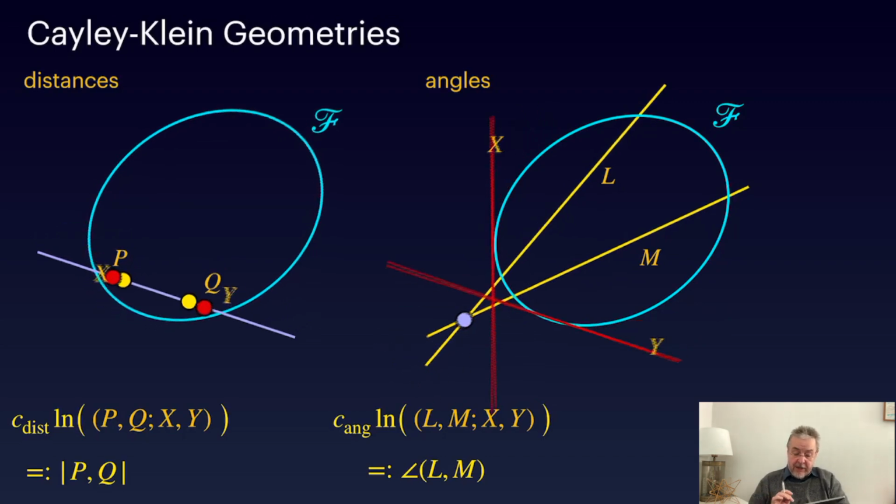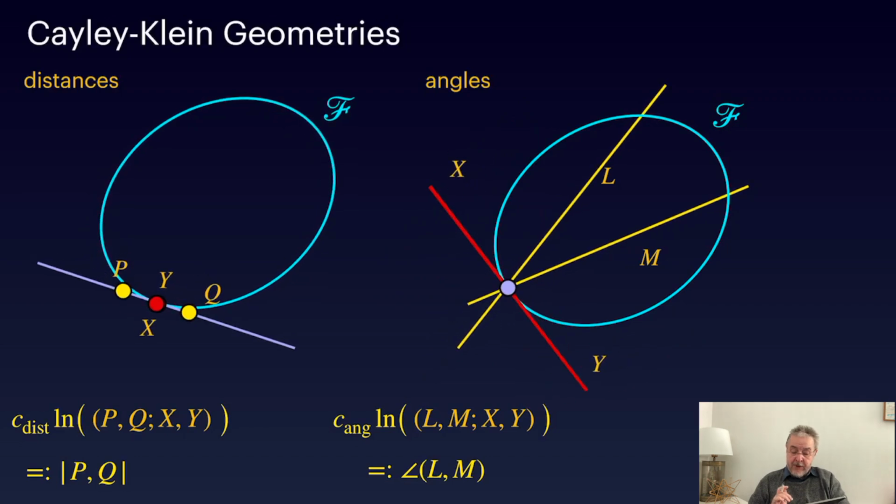Let me just move my objects a little bit. So it may, for instance, happen that the join of P and Q is tangent to the conic and that X and Y coincide. And it may dually happen that the two lines intersect on the conic and that the two tangents here coincide.